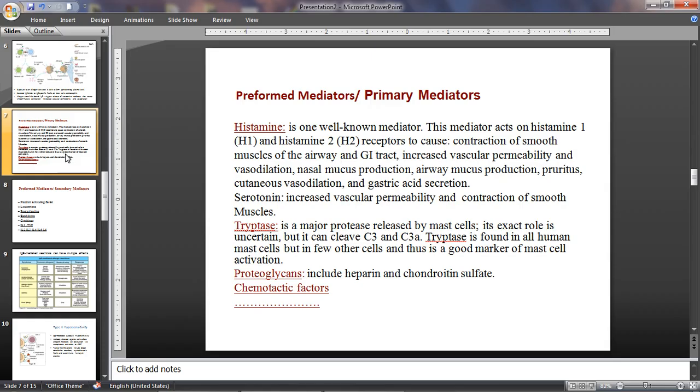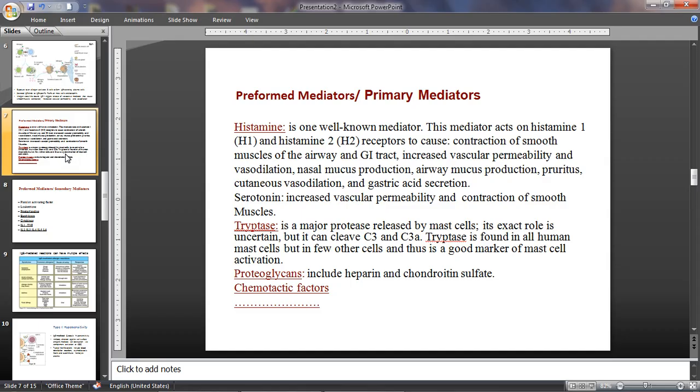When bound by histamine, they could cause contraction of the smooth muscles of the airway and the GIT, increased vascular permeability, vasodilation, increased mucus production, pruritus due to the irritation of the sensory nerve endings, cutaneous vasodilation, and gastric acid secretion.